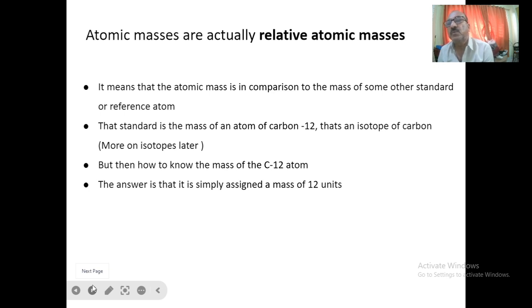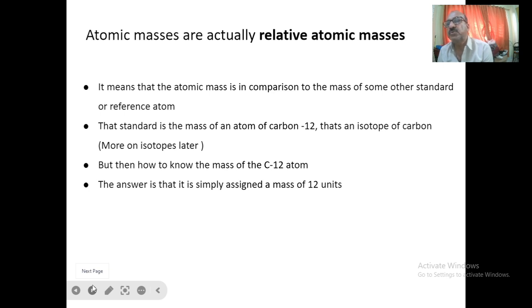Now, the latest reference point for the atomic mass scale is the mass of an atom of carbon, an isotope of carbon, with a mass number of 12.